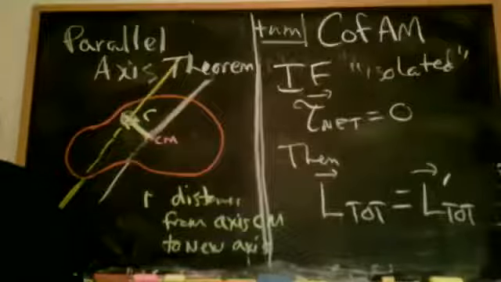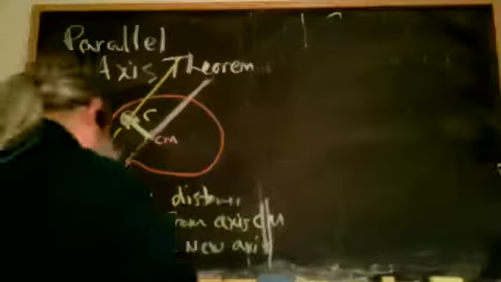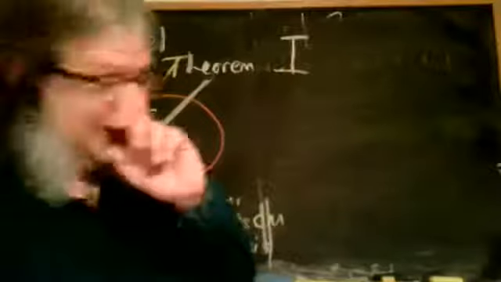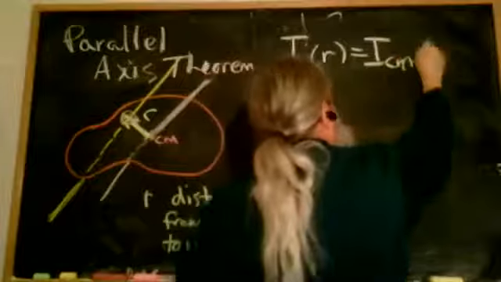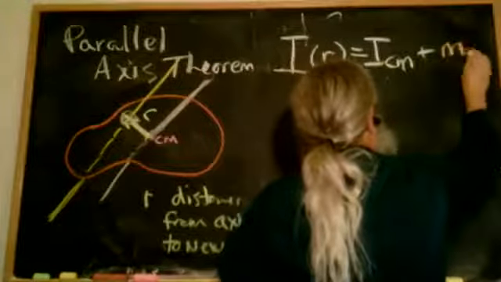If that's true, then you can apply rotational dynamics to that new axis, but you have to change the rotational inertia that was calculated about the center of mass. So what does the parallel axis theorem say? It simply says that the moment of inertia about the displaced axis is equal to the moment of inertia calculated about the center of mass, plus the mass of the object times that distance squared.